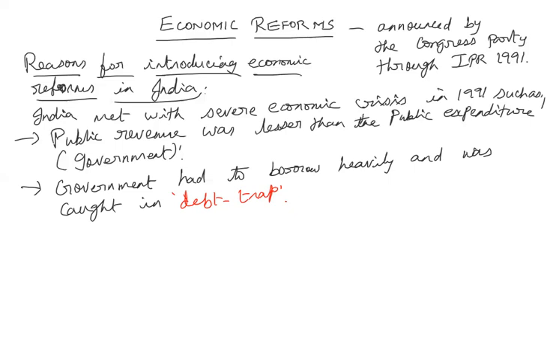Fiscal deficit: the public revenue was lesser than the public expenditure, so the government had to borrow. So the fiscal deficit of the country increased enormously, more than 6% or 7% of the GDP, and sometimes it reached even the 2-digit level.